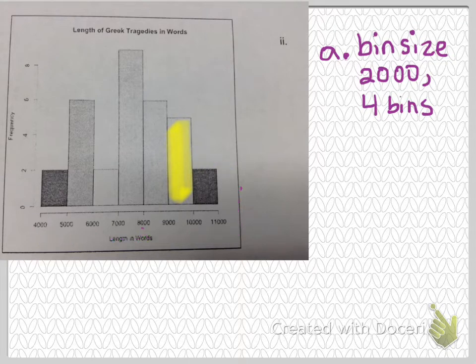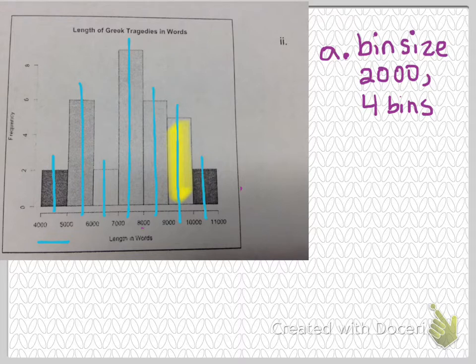Our next question, part B, asks what would happen to each histogram if the interval width or bin size was cut in half. So now instead of going from 4,000 to 5,000, we're going to cut that in half and go from 4,000 to 4,500. So if we took each of these bins and cut them in half, like so, we want to know how many bins there would be now.